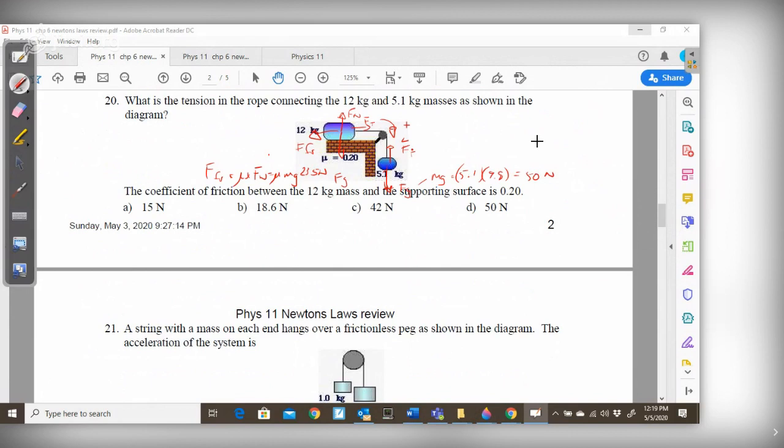So if we want to find the acceleration, first of all, we're going to take the forces along the string. So F net is equal to ma. F net, so we're going to have our force of gravity plus a force of tension that's negative plus a positive force of tension plus a force of friction, which is negative, and that's equal to our total mass times our acceleration.